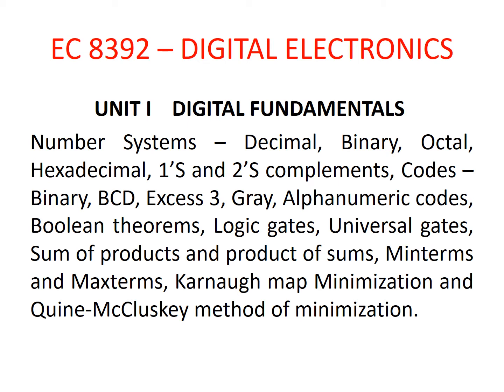Then Boolean theorems, most probably 10 Boolean theorems. Then logic gates, AND gate, OR gate, NOT gate. Then universal gates, another important section. Then finally sum of products and products of sums.